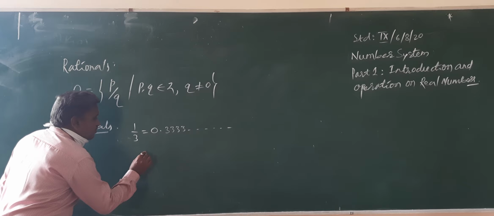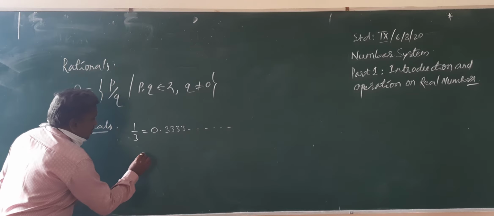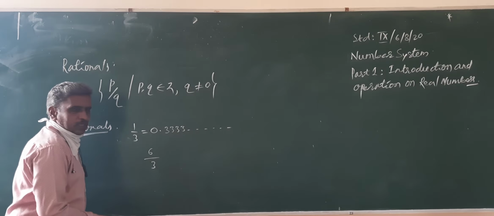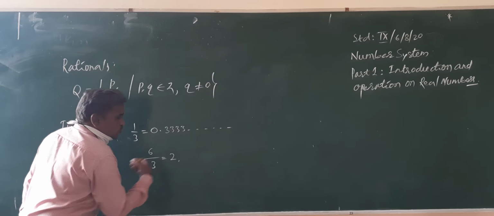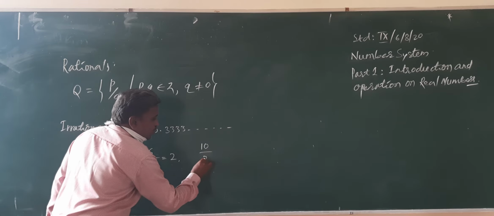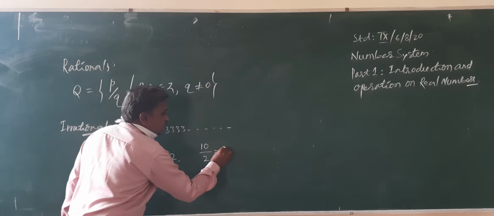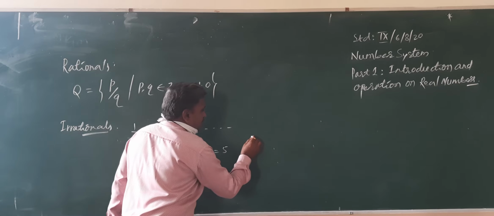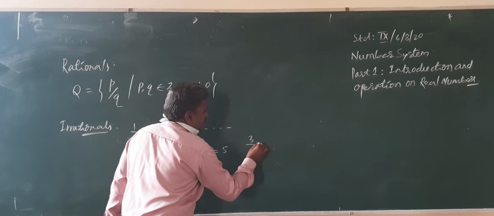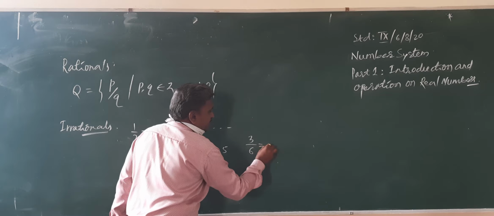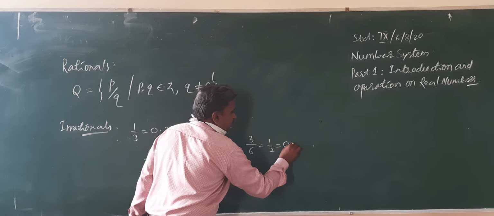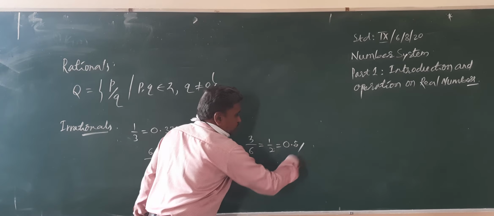One example, 6 upon 3 means 2. Yes, 10 by 2 is equal to 5. And there can be so many examples. And 3 by 6 means 1 upon 2, which means 0.5, and it stops here.